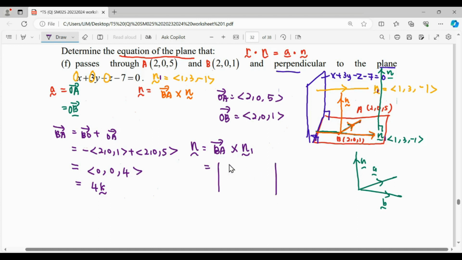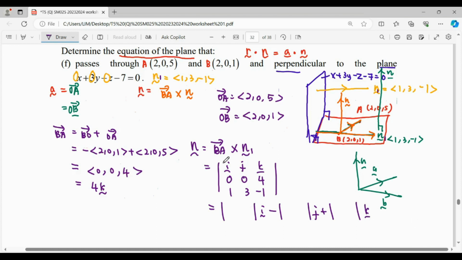To find the cross product, we need a 3 by 3 determinant. For the first row, BA, we enter the vector (0, 0, 4). The second vector will be the N1 provided by this perpendicular plane. Then we do our minor on row 1: A11 minus A12 and plus A13.